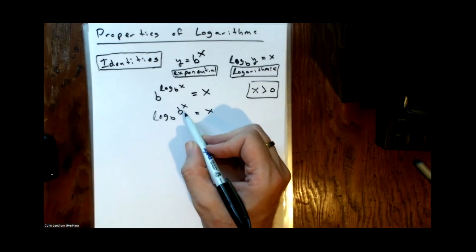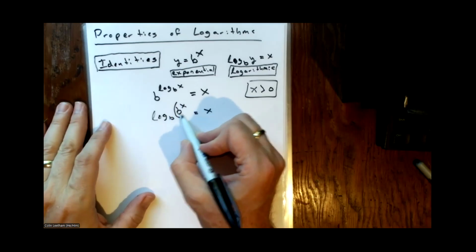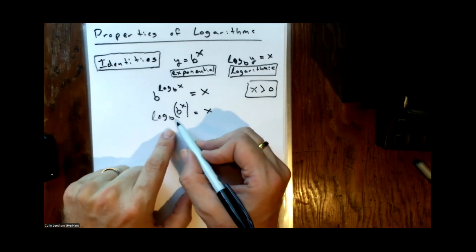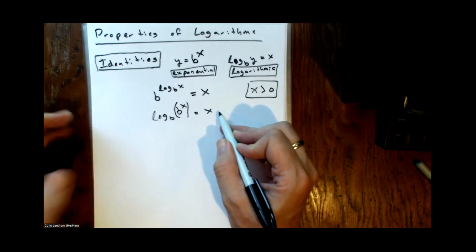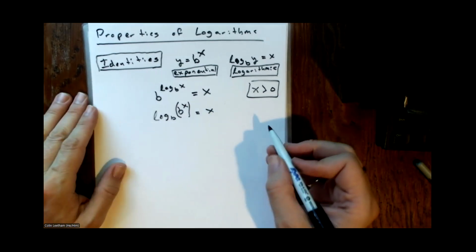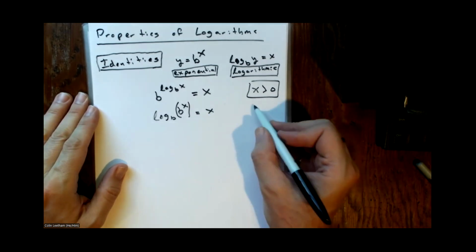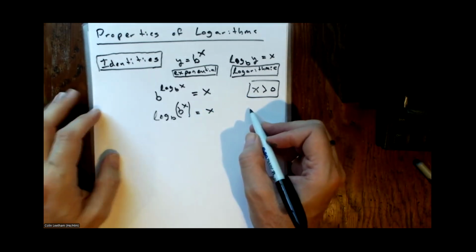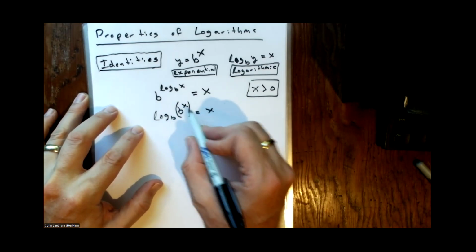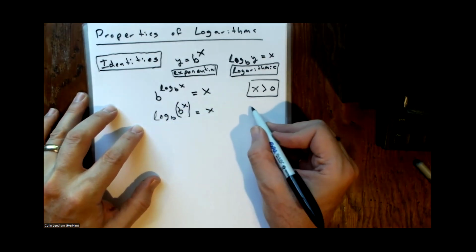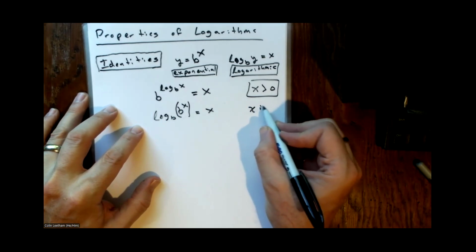If we're asking what power on b will give me b to the x, it's just x. Here, there is no real qualifier, I'll just have to say that x is real.